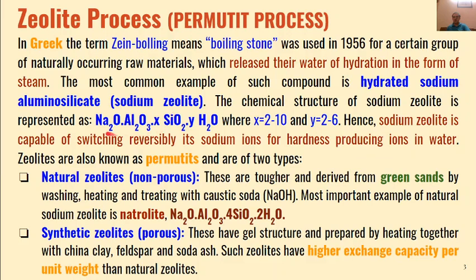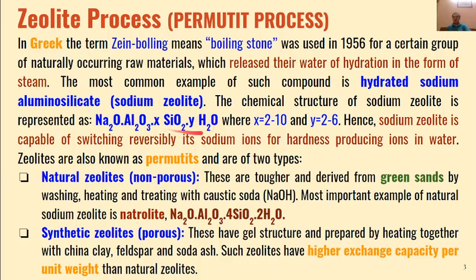The chemical structure of sodium zeolite has two sodium ions in the form of Na2O, then one molecule of aluminum oxide Al2O3, then X molecules of silicon dioxide SiO2, and Y molecules of water.